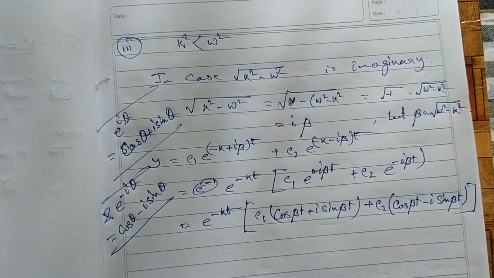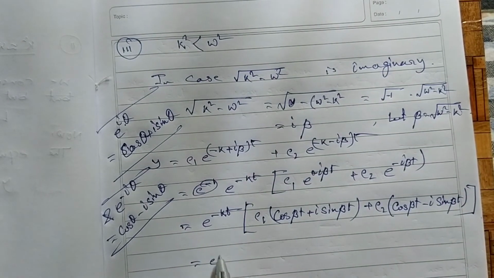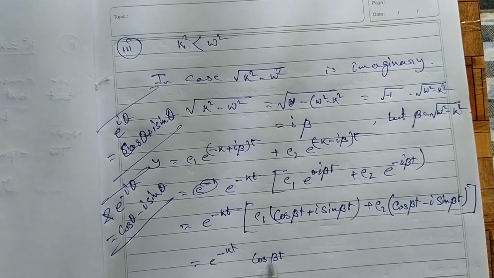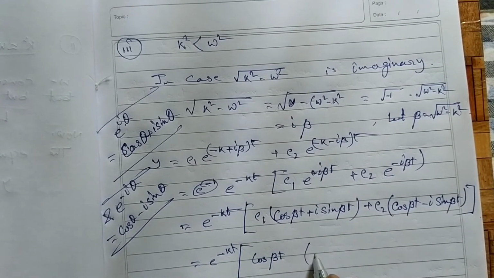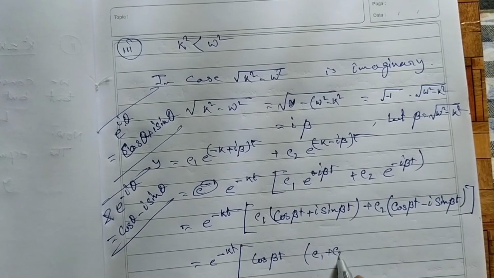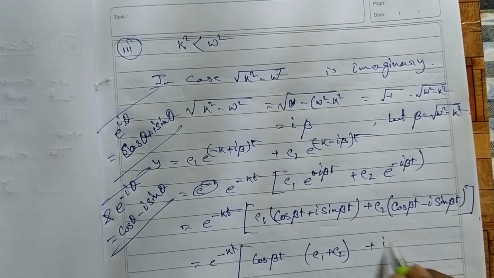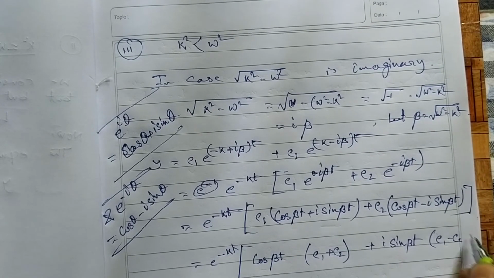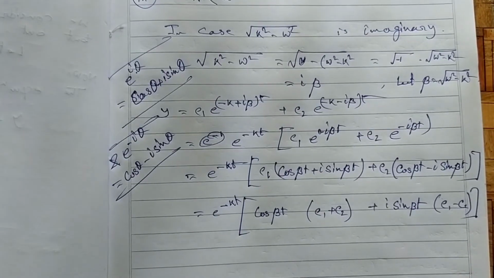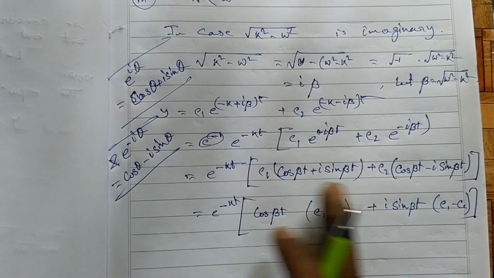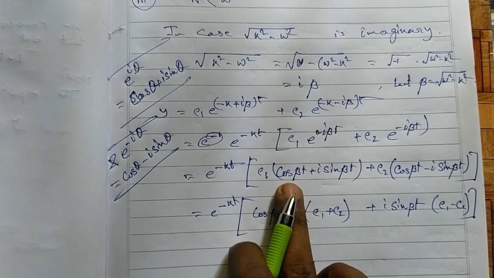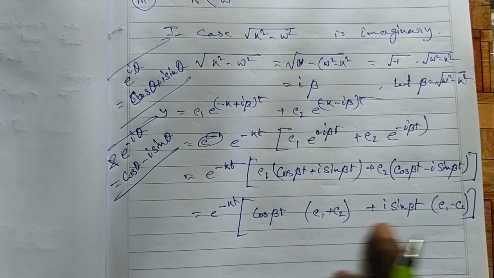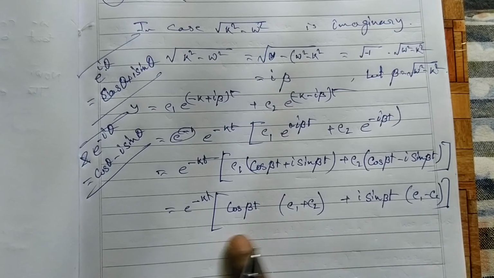So e to the power minus kt times cos beta t (c1 plus c2) plus i sin beta t (c1 minus c2). When we take the cos terms on one side and the sin terms on another side, you get this type of solution.